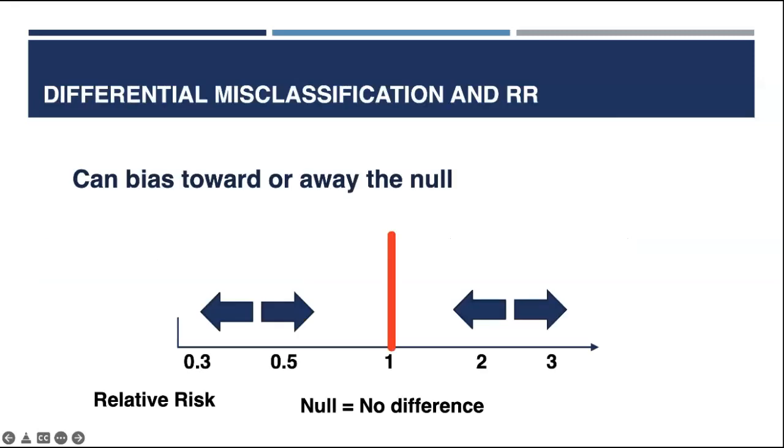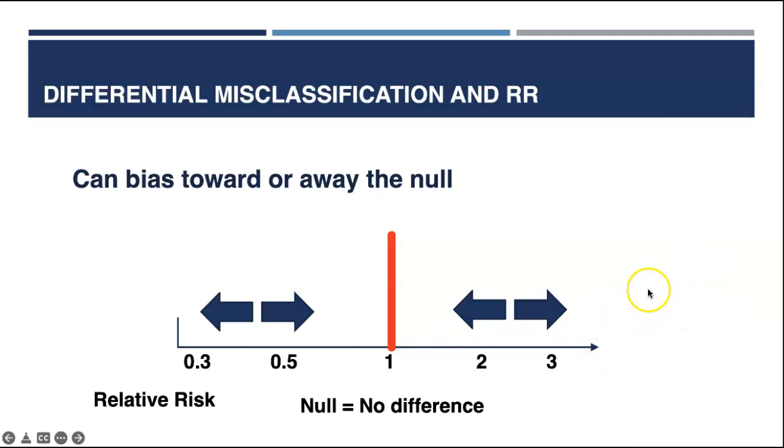As I mentioned, differential misclassification can push us closer to the null or away from the null. Remember, my 1 is my null hypothesis. Because of this differential misclassification, I can observe a relative risk that is much closer to the null versus the truth, or I can observe a relative risk that's much further away from the null.